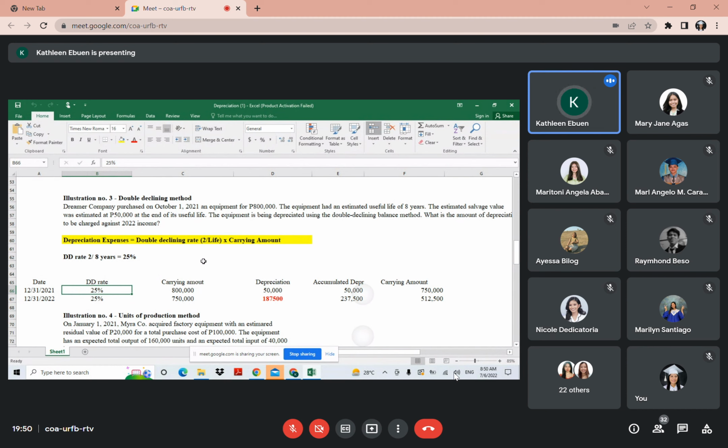Times 3 over 12, the depreciation is 50,000. So, minultiply pa natin to 3 over 12. Okay. And then yung carrying amount natin, of course, that is cost less accumulated depreciation. Answer is 750,000.